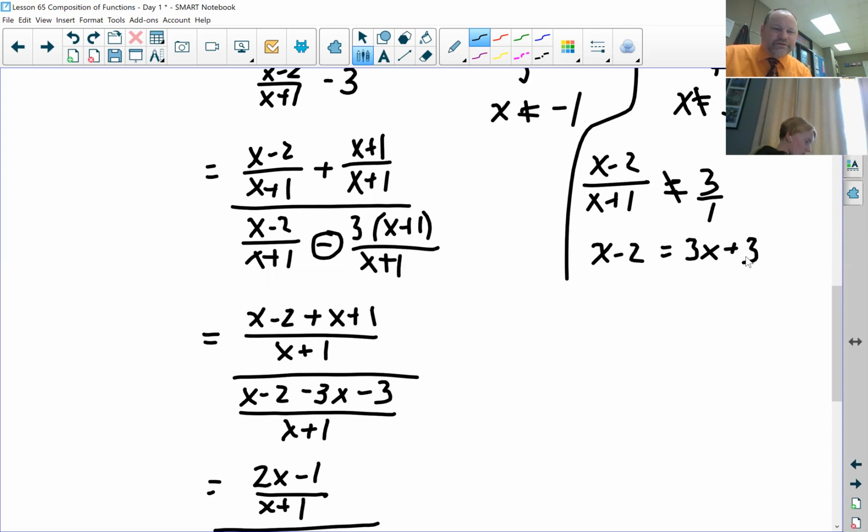Question, or we got it? Now solve for X. I would probably subtract X from both sides. Subtract 3 from both sides.